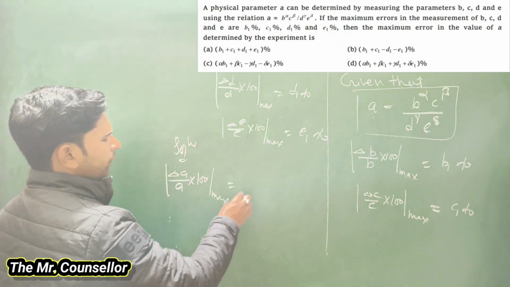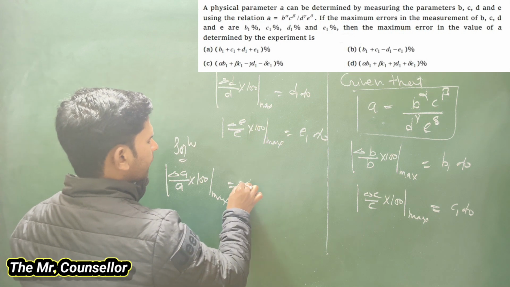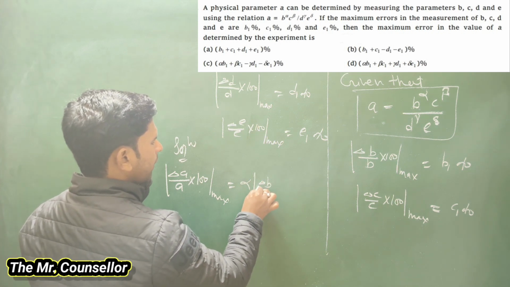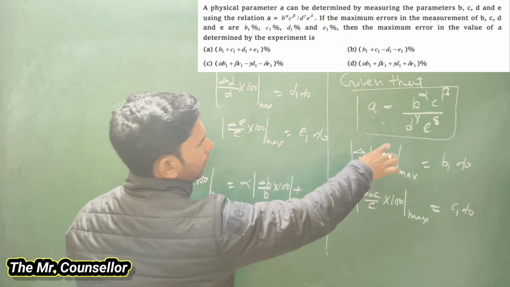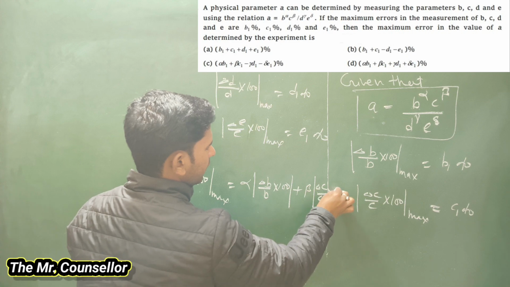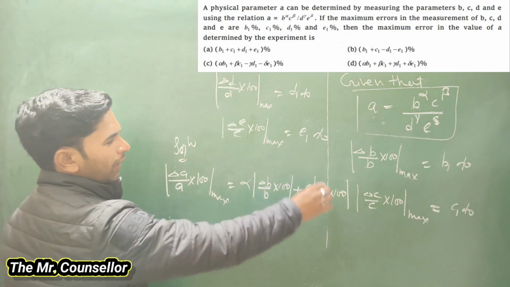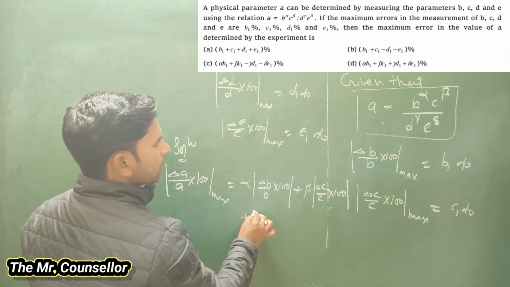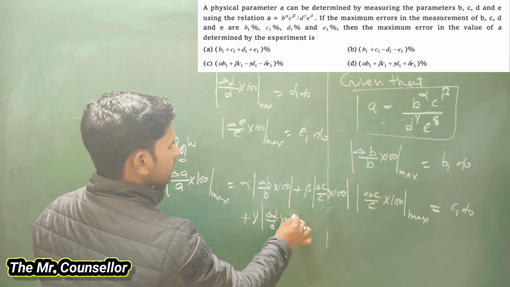Like this we can write: first b, having b power alpha, so alpha will come first, so we write alpha del b over b, plus for c, beta del c over c, and after this d, plus gamma del d over d. Is it okay?